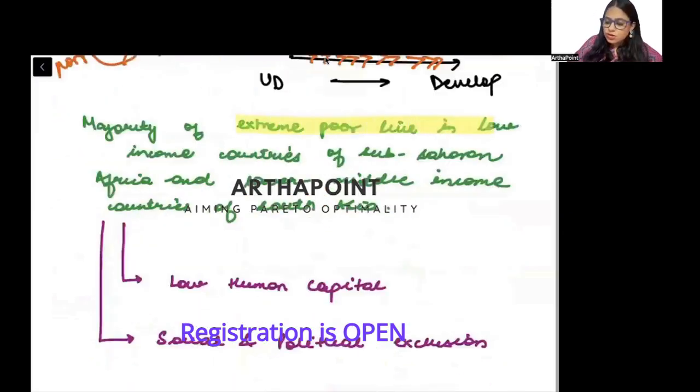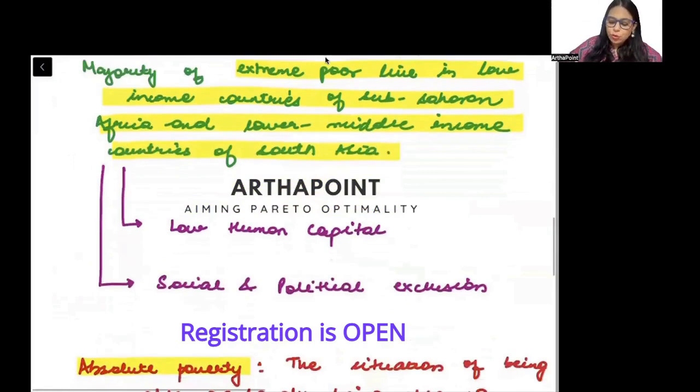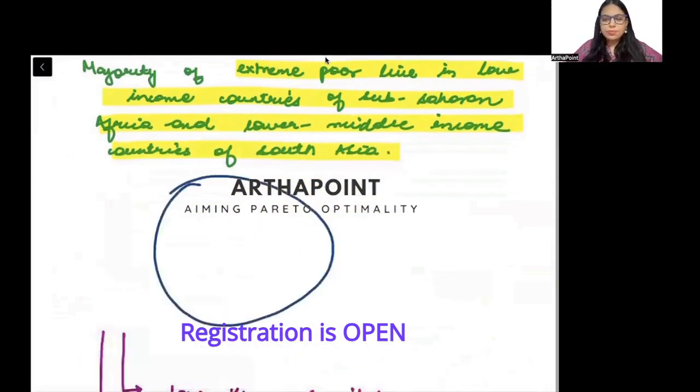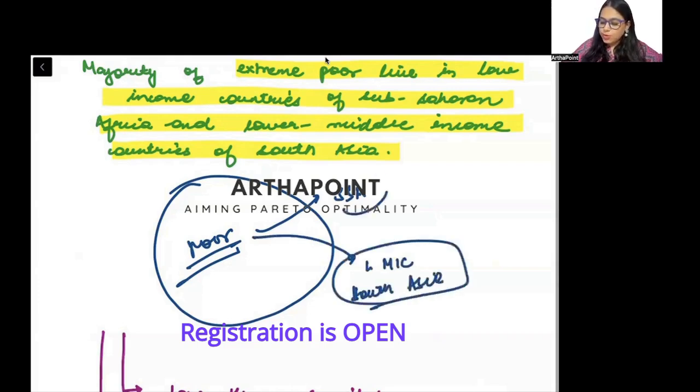Majority of the extreme poor live in the low income countries of sub-Saharan Africa and of South Asian countries. तो अगर हम ओवरऑल वर्ल्ड का पुअर देखें कि वेयर डज द मोस्ट ऑफ द पुअर पीपल ऑफ वर्ल्ड लाइफ, अगर हम सारे लोगों में से जो भी पुअर लोग हैं वो देखें कि वो कहां पर रहते हैं, so majority of them will be living in sub-Saharan Africa and in some low and middle income countries of South Asia. ज्यादातर पुअर पॉपुलेशन इन दो एरियाज में स्प्रेड है, right?